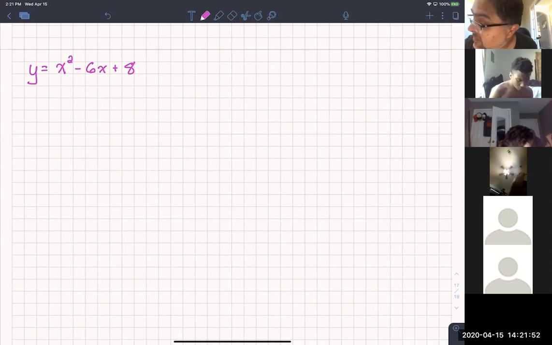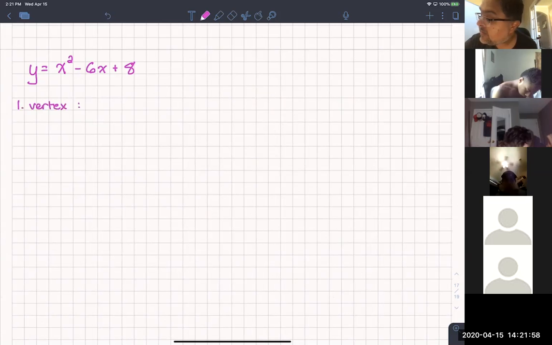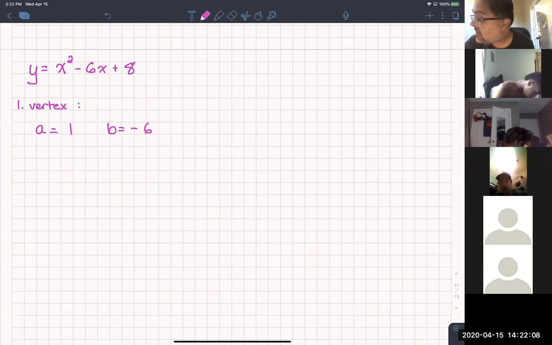So, vertex. First, identify your leading coefficient, your linear coefficient, and your constant term.